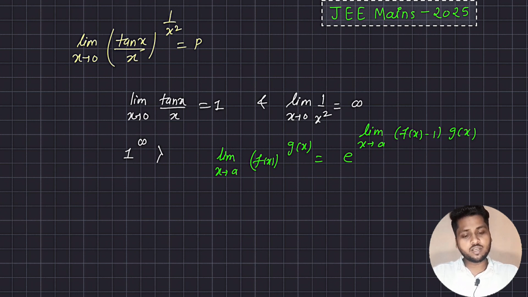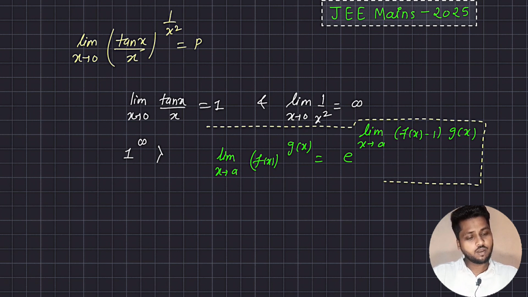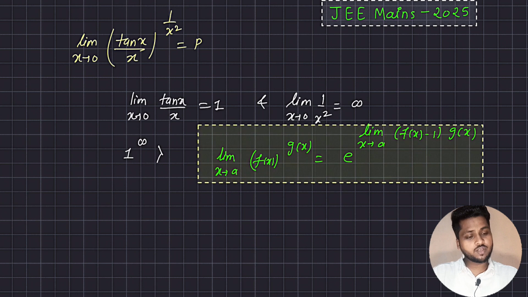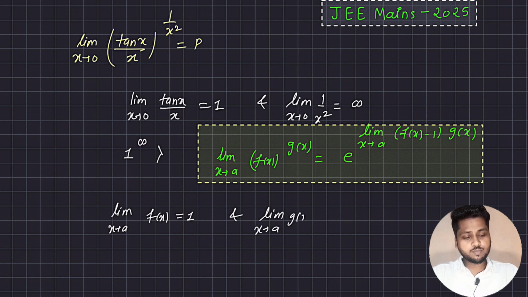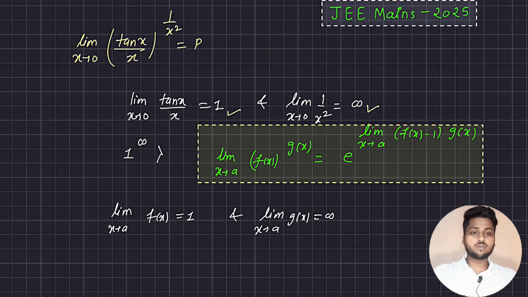Actually there is a condition: limit x tending to a of f(x) must be 1, and limit x tending to a of g(x) must be infinity. Here we can see this condition is satisfied.